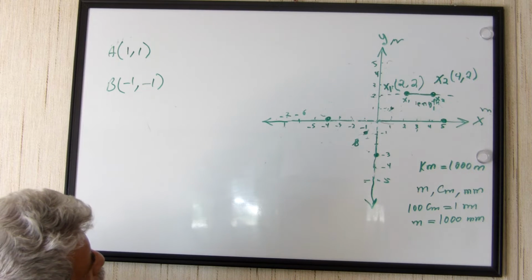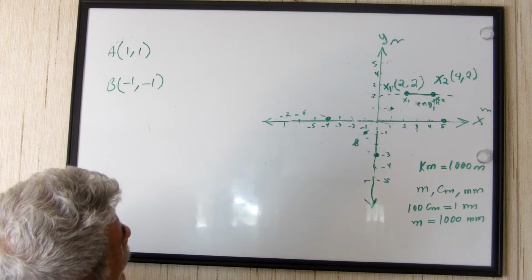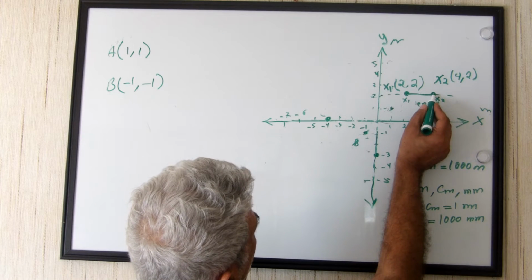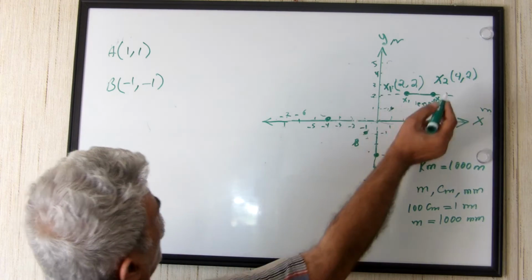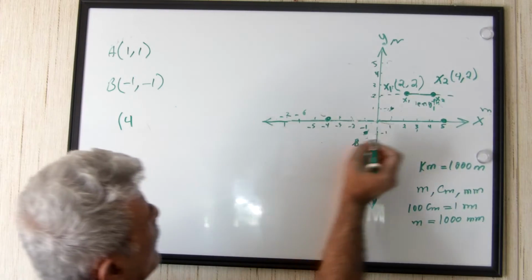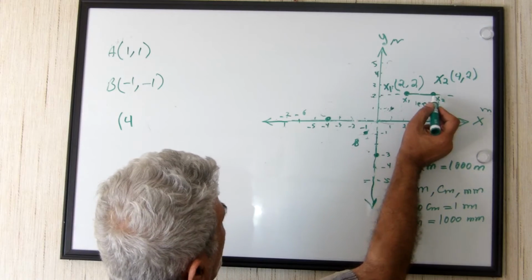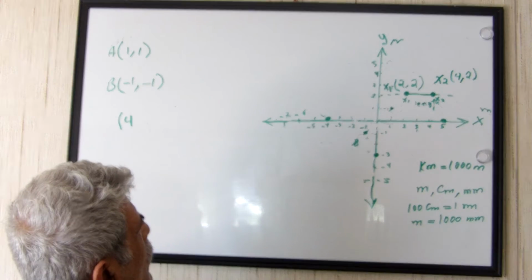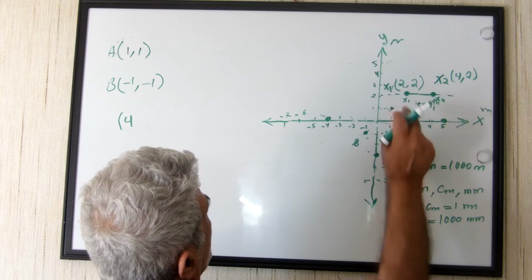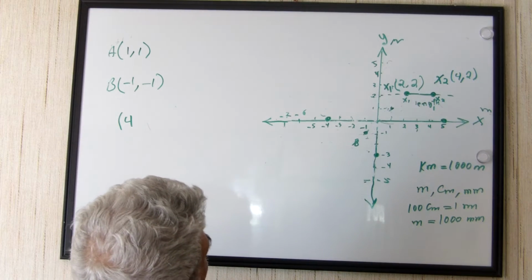You want to find the length of this. The endpoint x is 4 and the start point is 2.